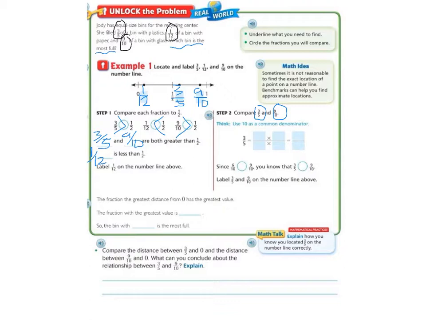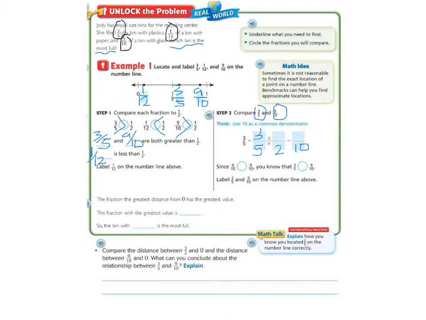So let's look at our first number. We're going to change 3/5 into tenths. So in order to make 3/5 into something over 10, we need to multiply 3/5 by something. So 5 times what gives me 10? Well, that would be 2. 5 times 2 is 10.